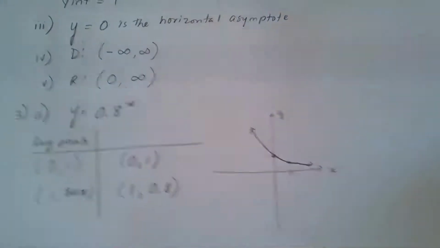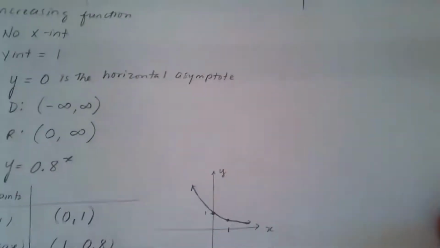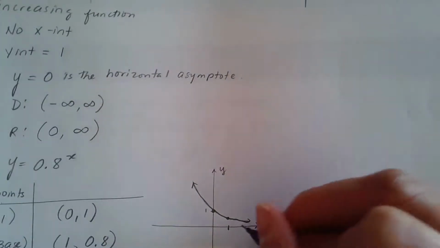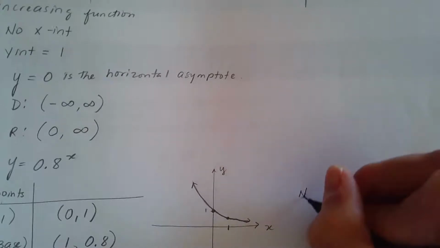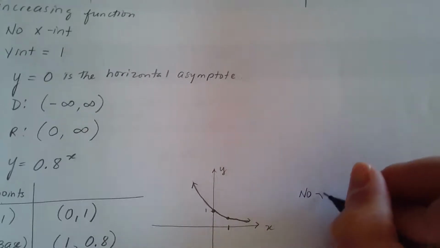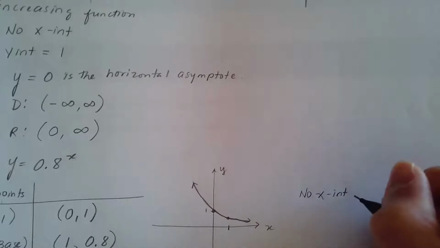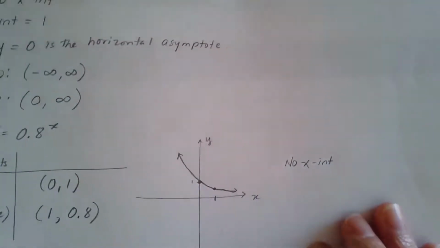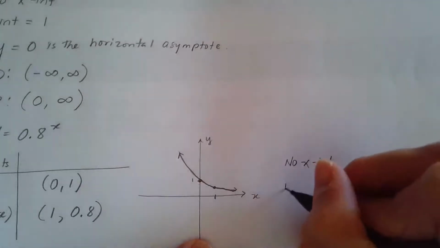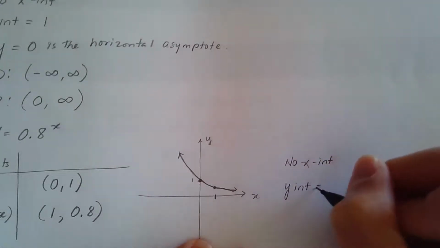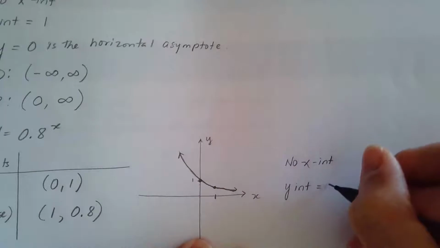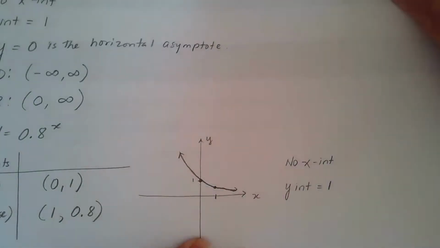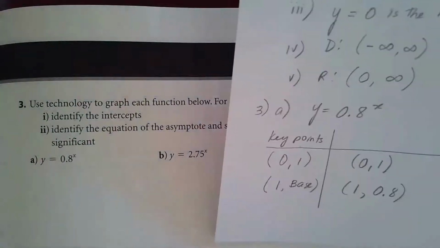And then now, what else do we need? Identify the intercepts. So in this particular case, there's no x-intercept. X-intercept, none. And then the y-intercept is equal to positive 1. Positive 1. What else do they need?